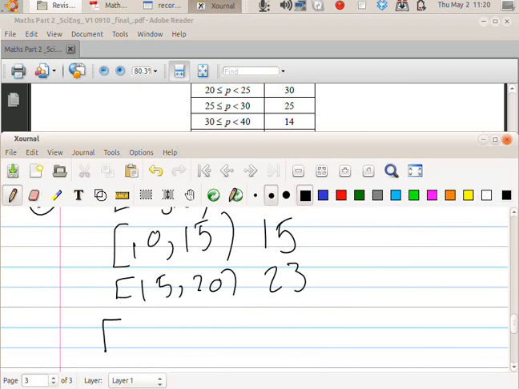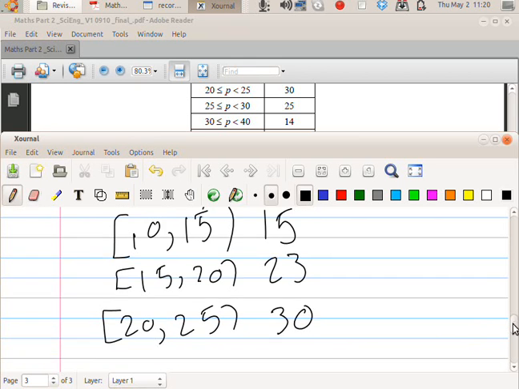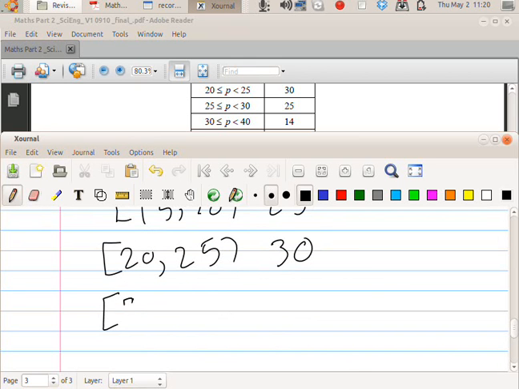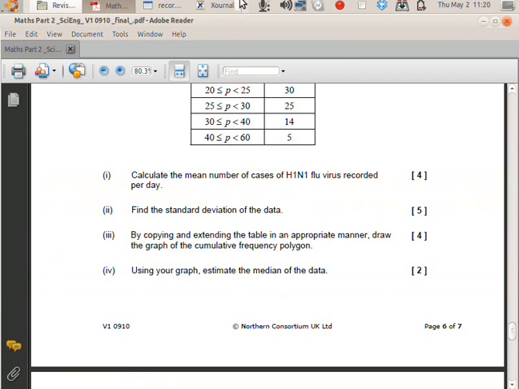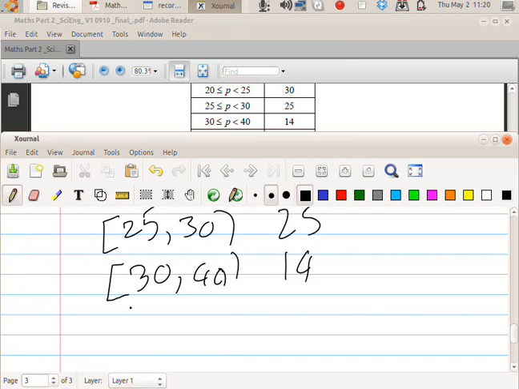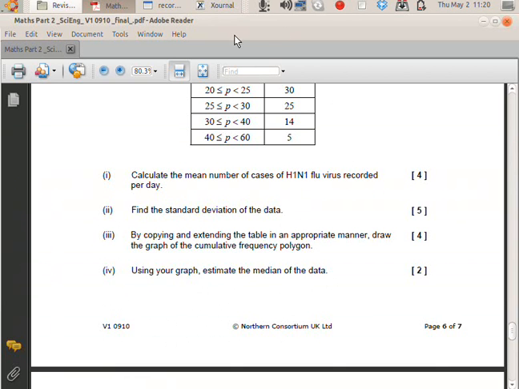And then we have 20 to 25, and it's 30, 25 to 30, and it's 25, 30 to 40, and it's 14, and 40 to 60, and it is 5.